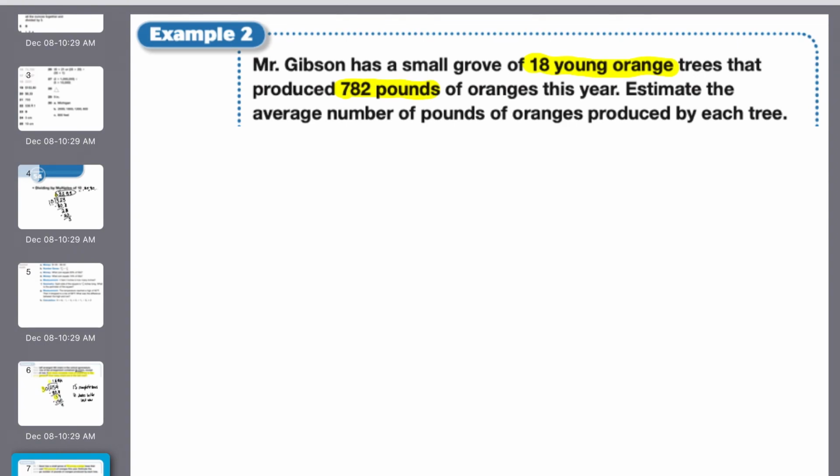So I'm going to estimate, I'm going to round 782 to about 800, and I'll round 18 to about 20. Those are easy numbers for me to work with, and then I'll do my division there, and that'll be my estimate.